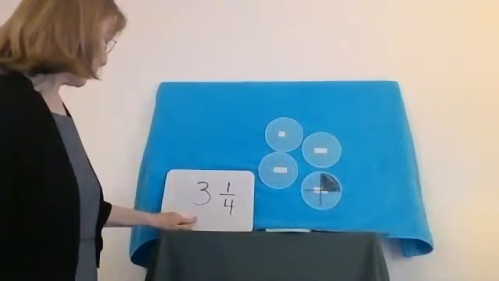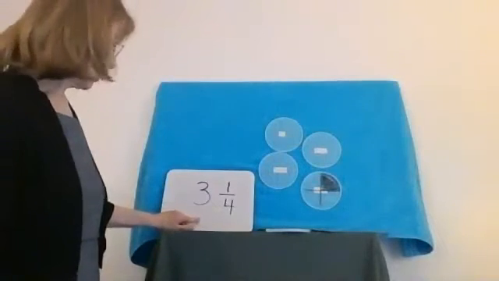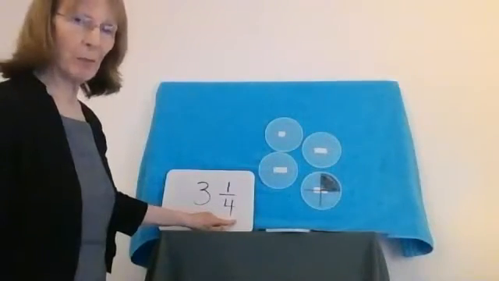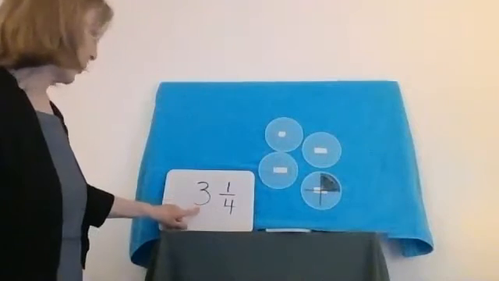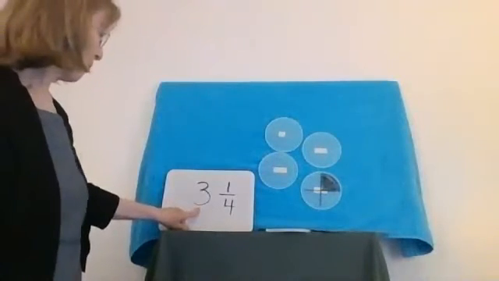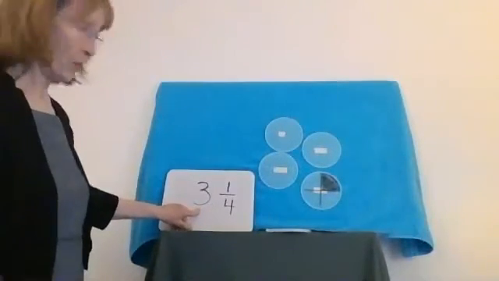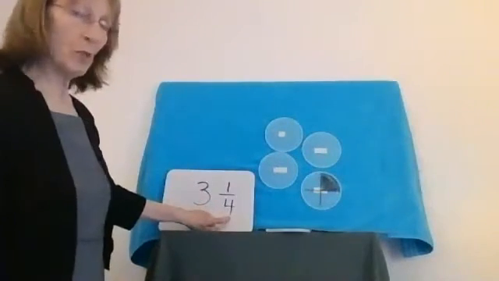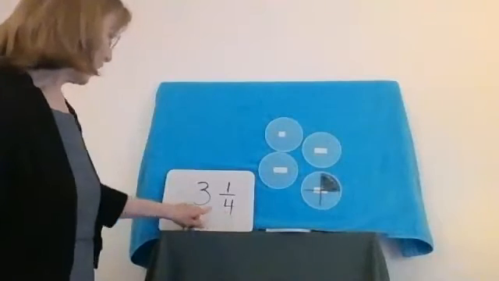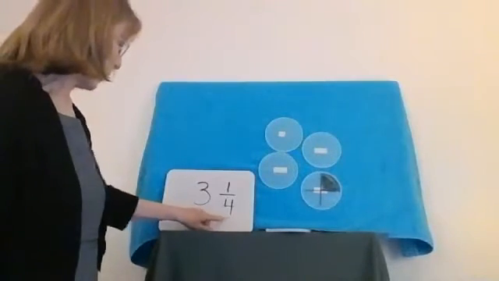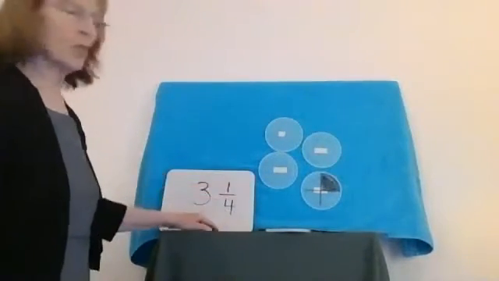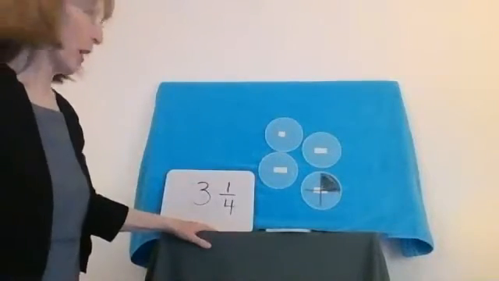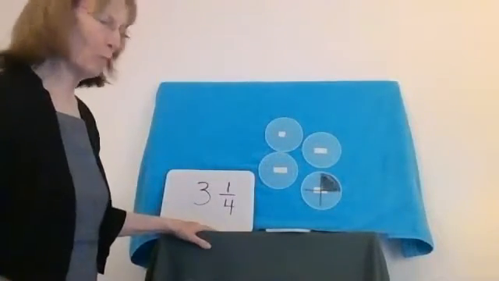When you get in third and fourth grade, you will call it a mixed number. Why is it mixed? Because we have a whole number that we've been using since kindergarten, and now we're going to be using the fraction. So a whole number and a fraction together is called a mixed fraction, a mixed number.